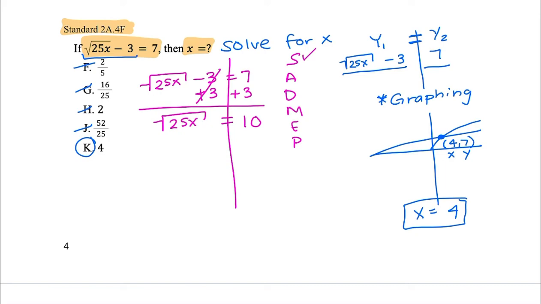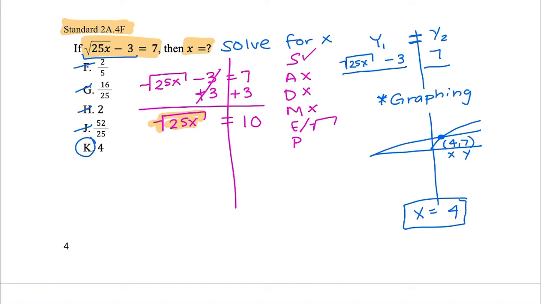Now, do I have addition in the remaining equation? No. Division? No. Multiplication? Yes. I am multiplying between the 25 and the x, but I do have the square root and therefore cannot do anything about it yet. So no, I do not have multiplication that I can deal with right now. Exponents are going to be the same thing as roots.